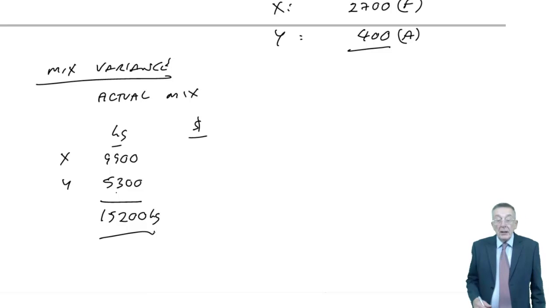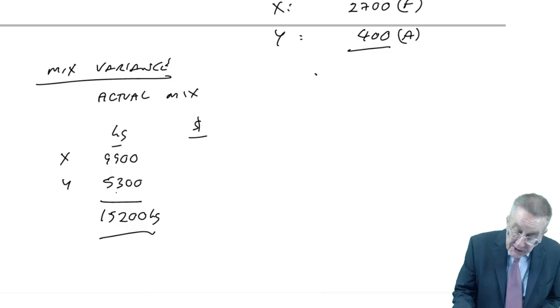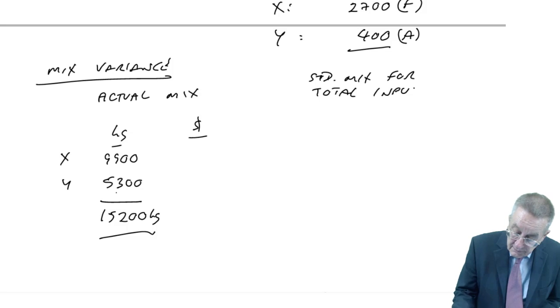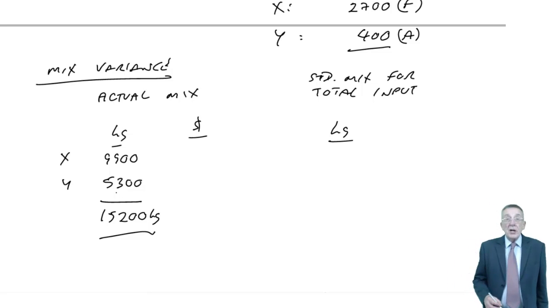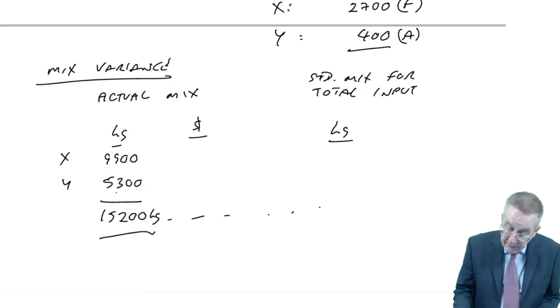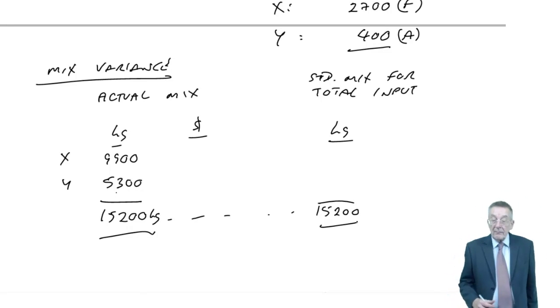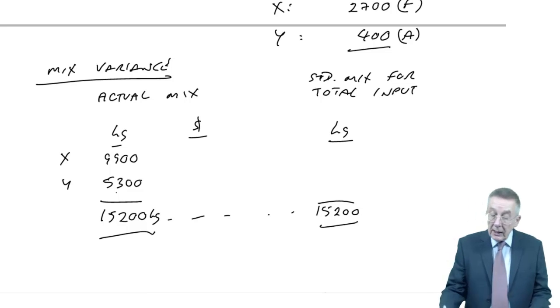Well, I'm going to look at how we should have mixed it: the standard mix for the total input. And what do I mean by that? Well, the total we put in, rightly or wrongly, we bought a total of 15,200. How should I have split that between X and Y?